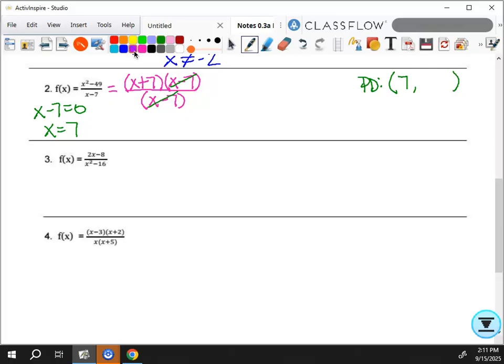My reduced function is f of x equals x plus 7. So let's go ahead and find the y value over there. f of 7 equals 7 plus 7. That's 14. Okay.